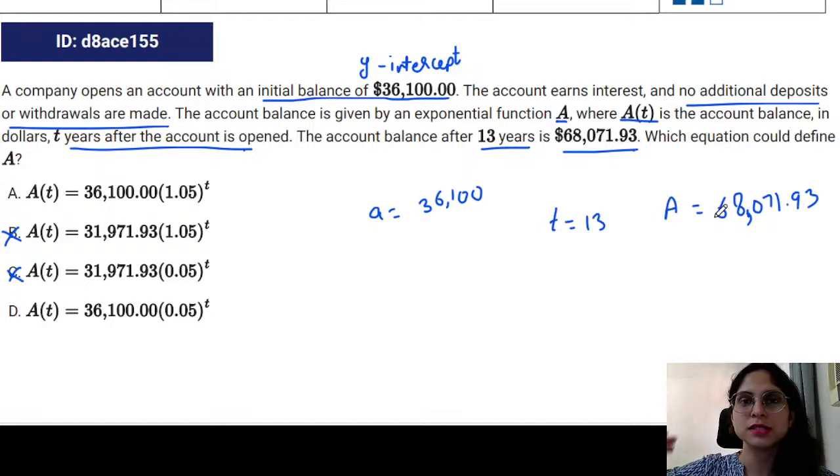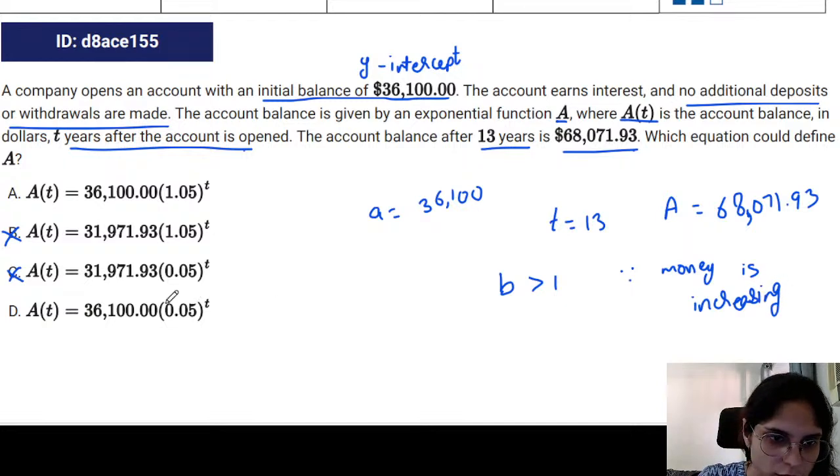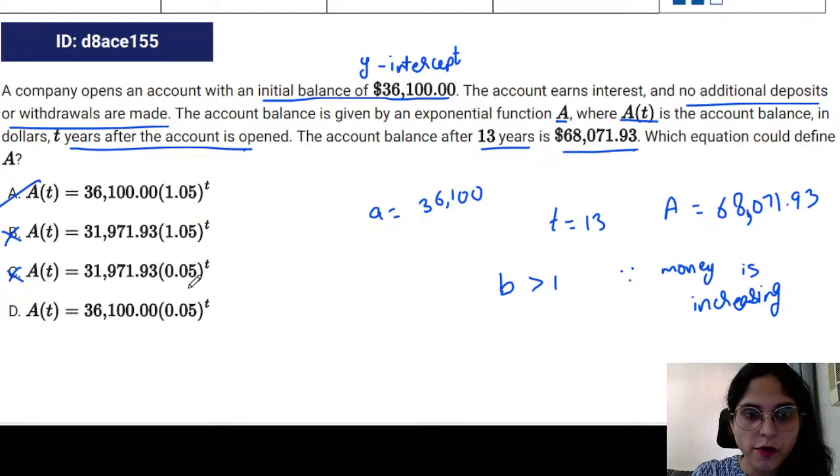If money is increasing, that means the factor has to be greater than 1. So by just logic, you can say the answer is going to be A, because it cannot be 0.05, because it has to be greater than 1. And that is how, my friend, without solving anything, you get this answer. Okay?